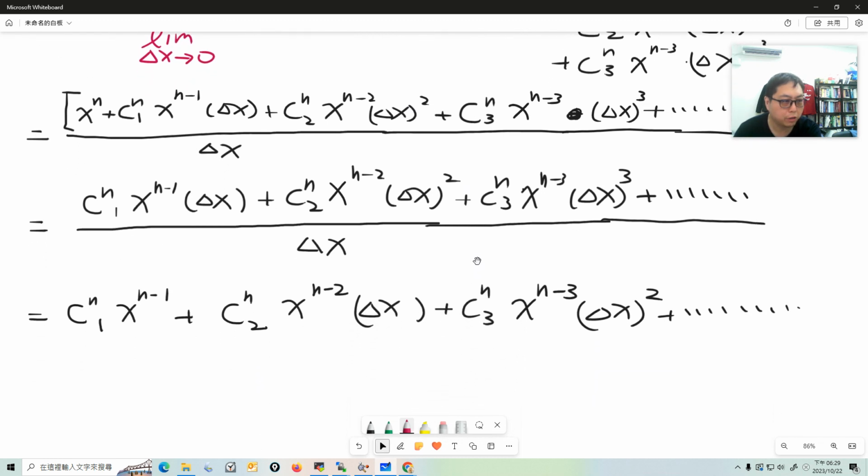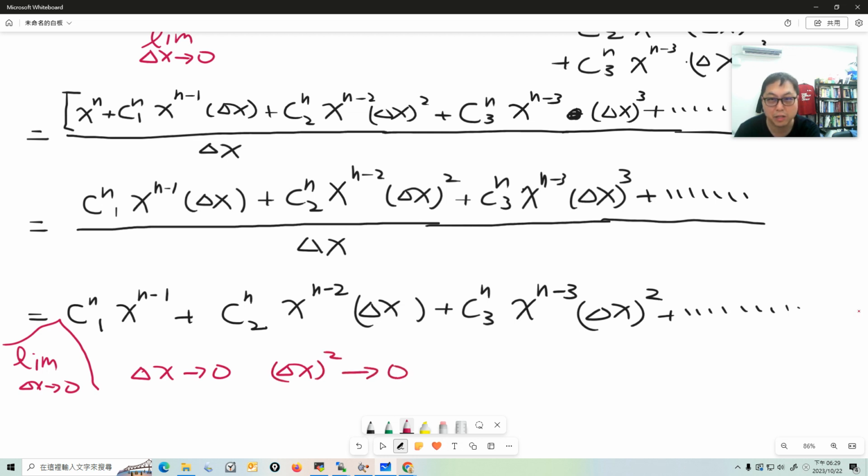After we get this equation, since delta x approaches 0, so does delta x squared. If a number is very close to 0, its square is much closer to 0. So these terms can be cancelled out.